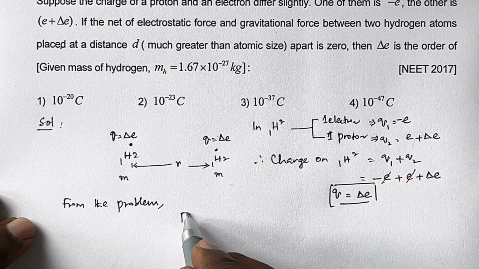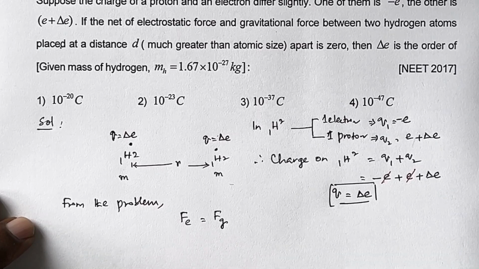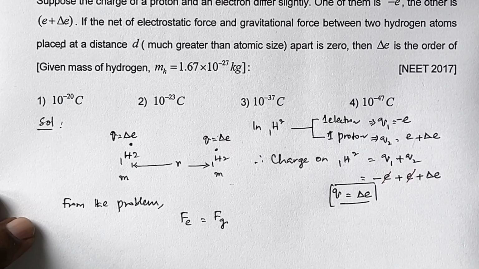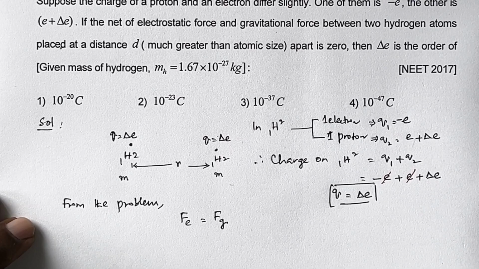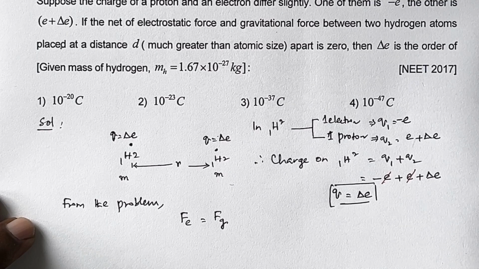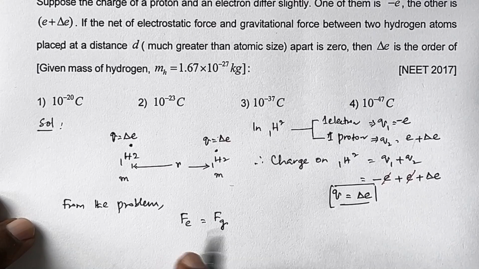How can we say the net force is equal to 0? Whenever the net force because of electrostatic and gravitational forces is 0, that means both forces are equal. So let us write the formula here.